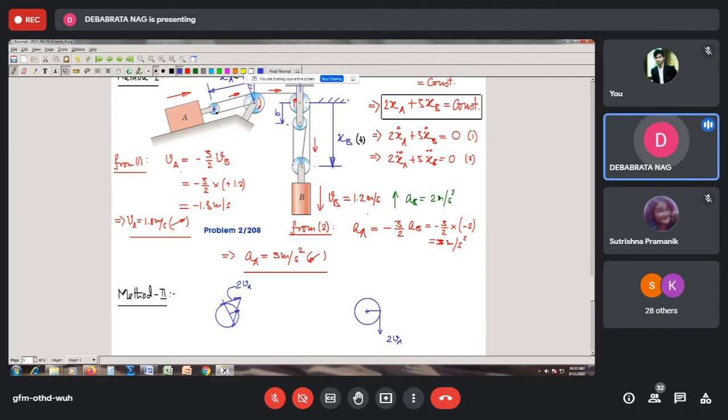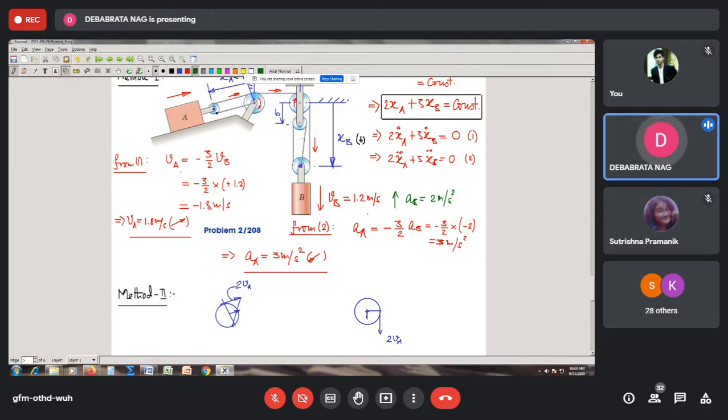And the center line of this pulley is in the downward direction. Since it is in the downward direction, we can see that this center is going to be in the downward direction, which means that the string which is attached here is also going in the downward direction.